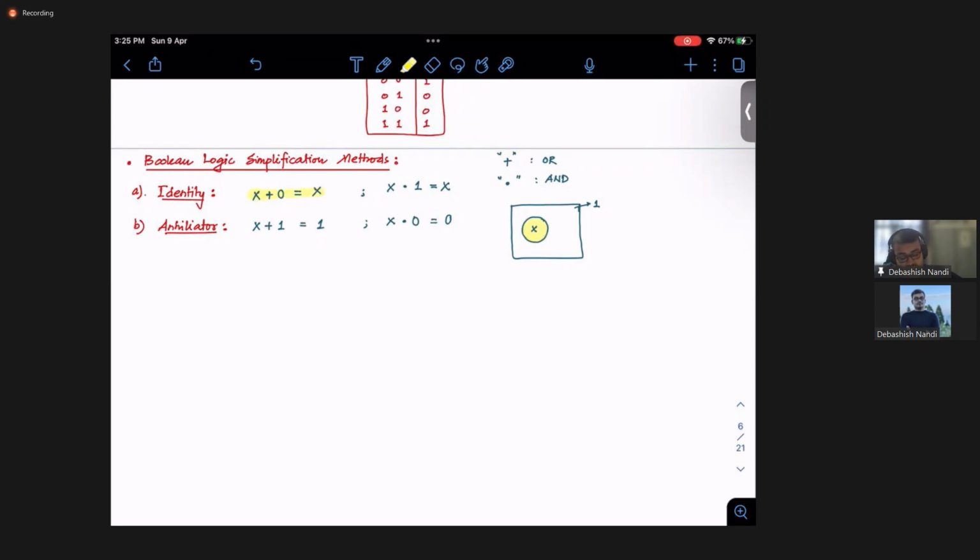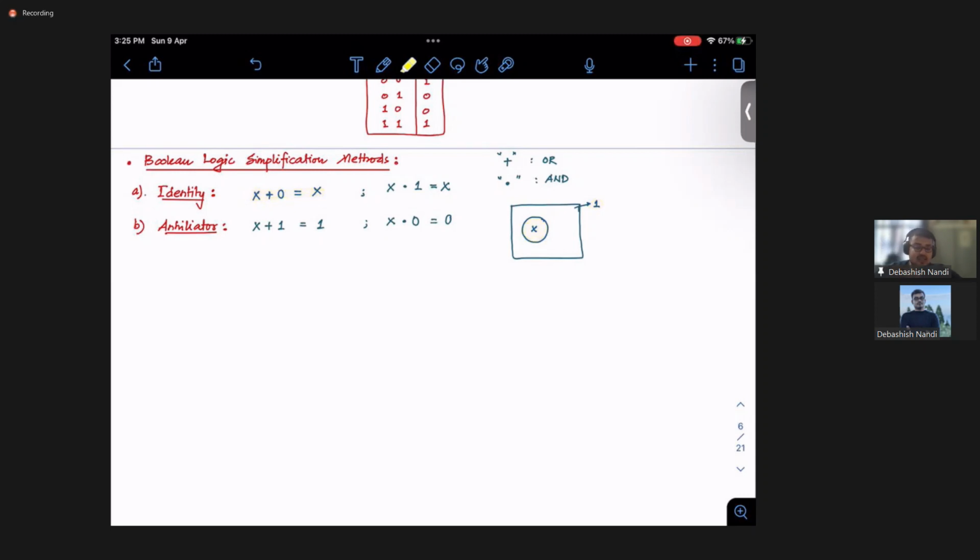And what about x AND 1? What about x intersection of 1? That means this thing intersected with x is nothing but x only, right? So this is how it comes about.